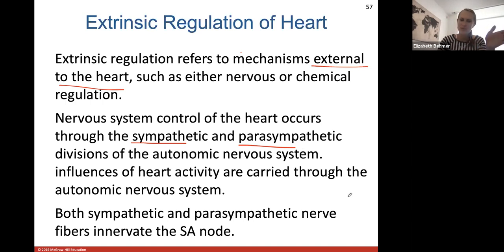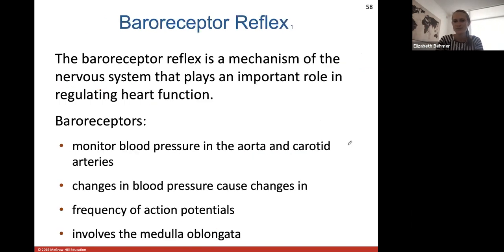And both sympathetic and parasympathetic nerve fibers will innervate the SA node, because remember, the SA node controls the rate of the electrical signal that passes through your heart. So sympathetic fibers will stimulate the SA node to try to increase heart rate, and parasympathetic nerve fibers will slow down your SA node.